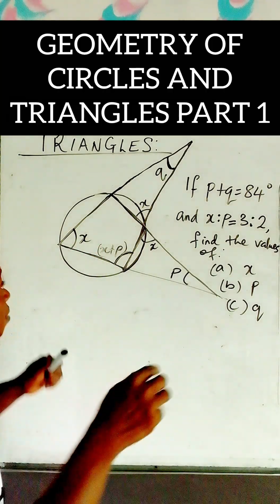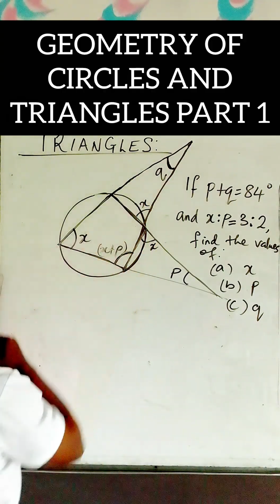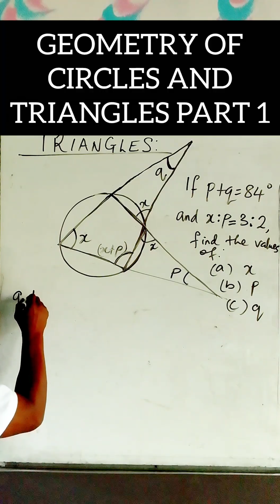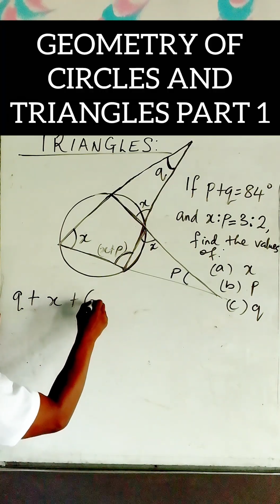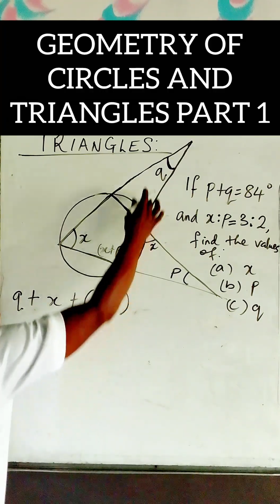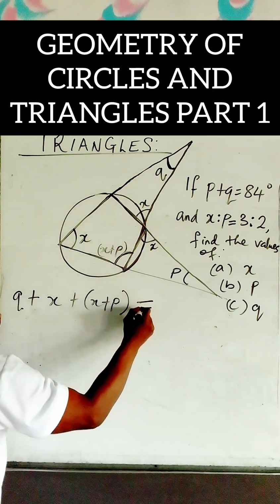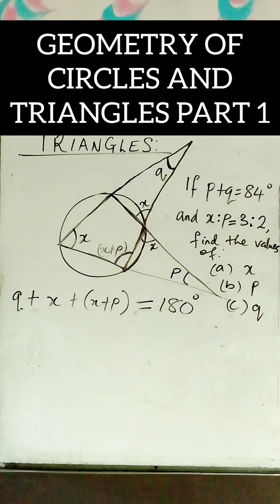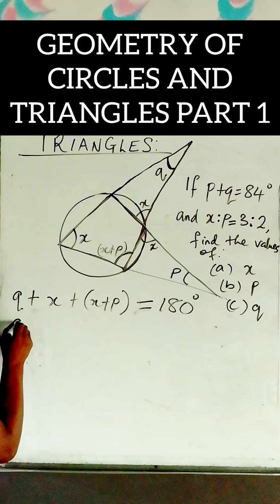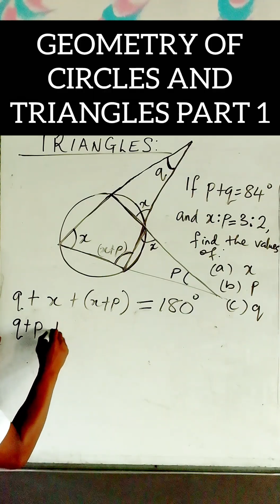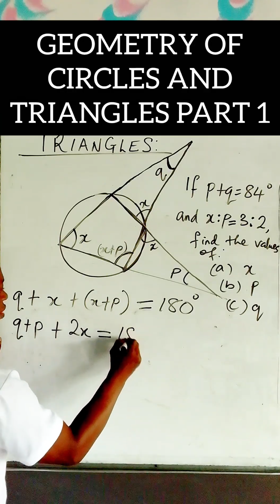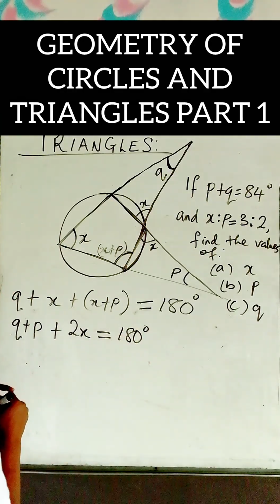So what can be said about this other triangle is that Q plus X plus P, the sum of the three angles of the triangle, will give us 180 degrees. So we can remove the bracket and collect the like terms. So we can also say Q plus P plus X and X, 2X, will give us 180 degrees.